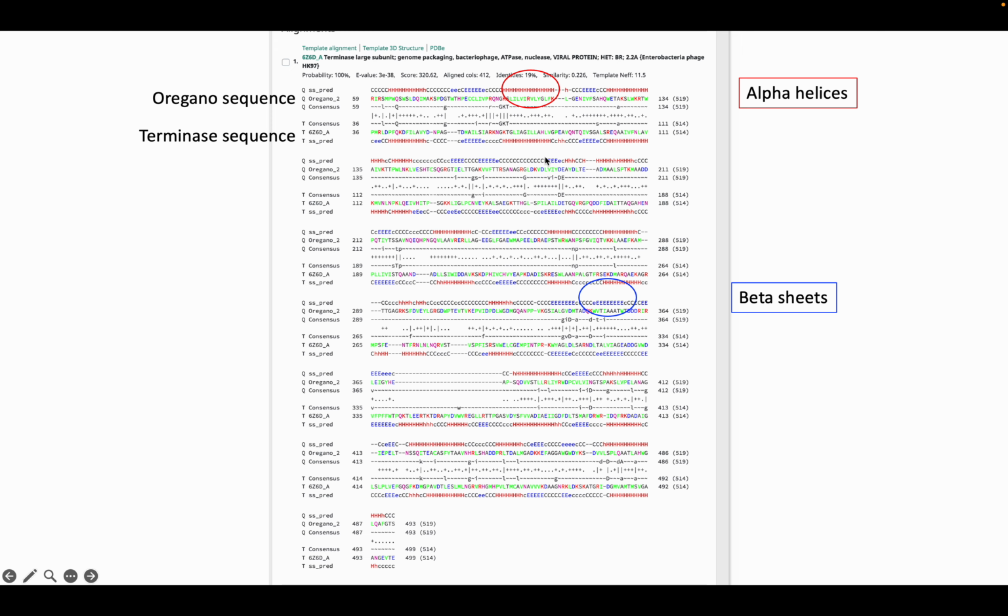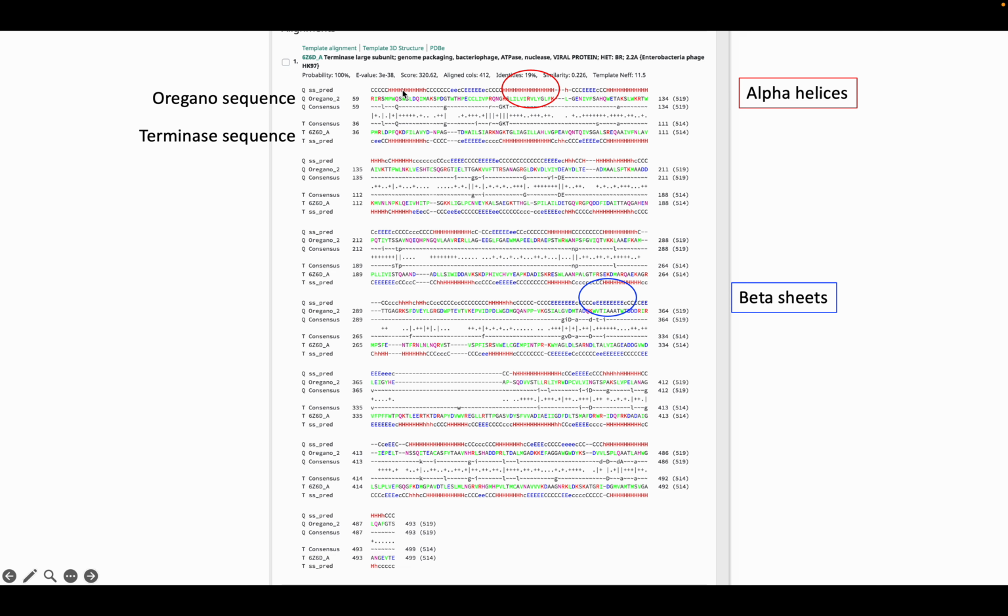So red H's represent alpha helices, and blue E's represent beta sheets. So for the HK97 protein, we see an alpha helix, an unstructured coil, a beta sheet, a coil, and then another alpha helix. Above the sequence of our query protein, Oregano 2, we see the predicted secondary structure.